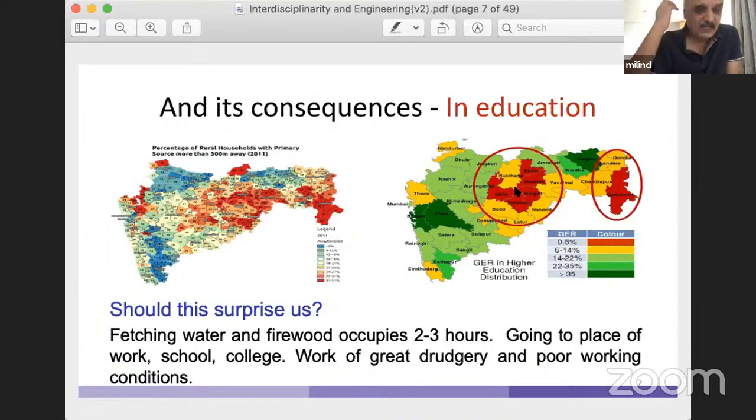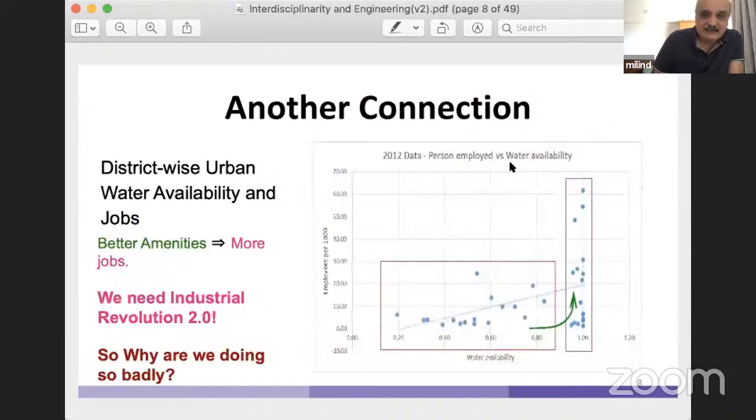And should that surprise us? Well, no. Fetching water and firewood easily takes about 2-3 hours. So if our young girls or young boys are going to fetch firewood and water, they are not going to go to school or college. And if they're not going to go to school and college, they are basically trapped in a low income life. So this is one obvious connection.